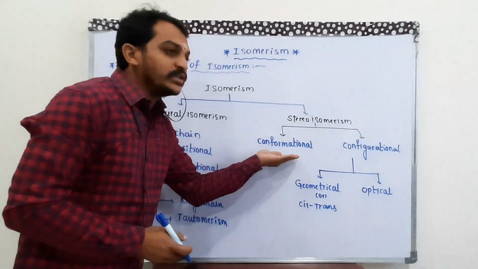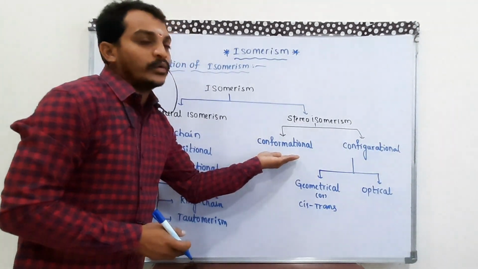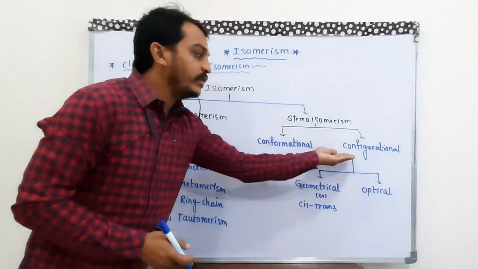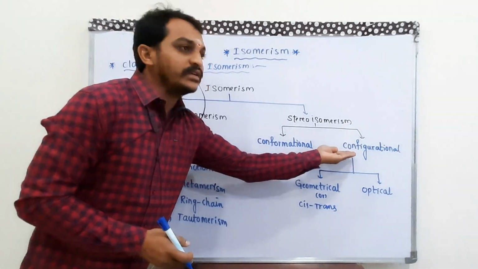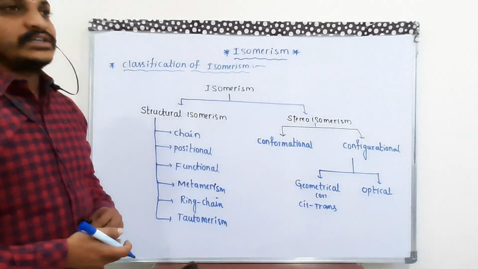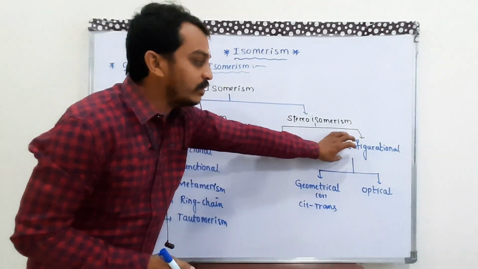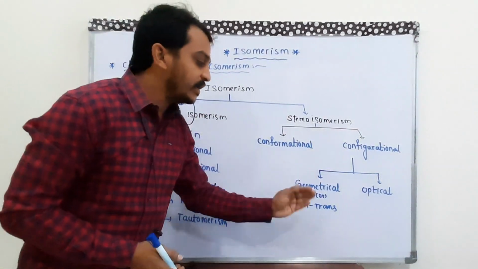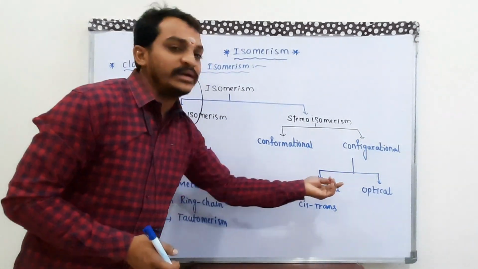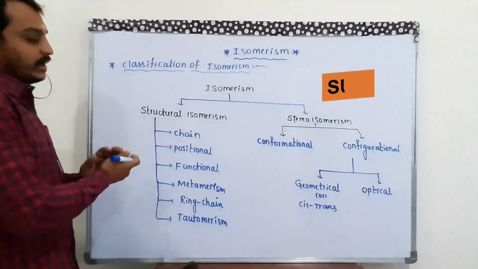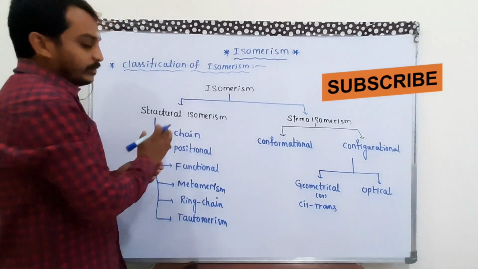In conformational isomerism, bond rotations are taking place. But in configurational isomerism, bond rotation is restricted, that means restricted double bond rotation. Based on that, these are classified into geometrical isomerism and optical isomerism. I will explain each and every part clearly.